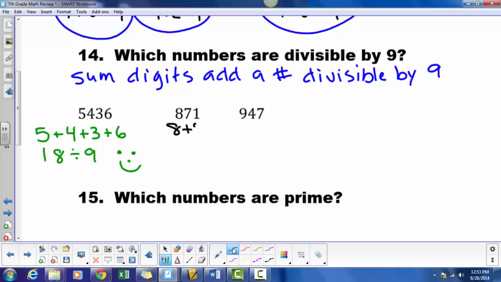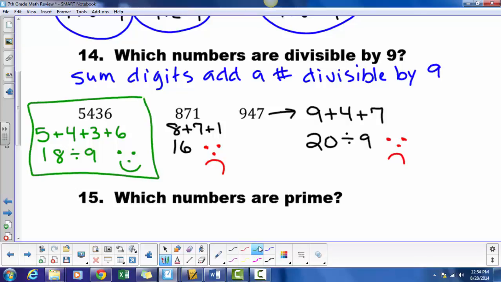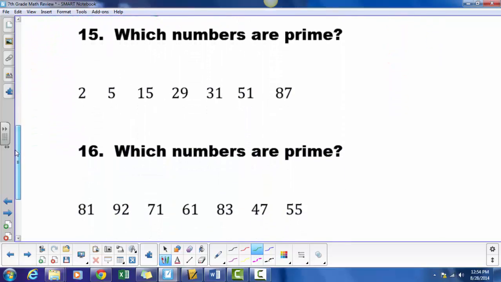All right. What about the number 871? 8 plus 7 plus 1. That equals 16. Is 16 divisible by 9? No, it is not. Okay. What about the number 947? That's 9 plus 4 plus 7. That adds up to 20. Is 20 divisible by 9? No, it is not. So the only number here that is divisible by 9 is 5,436.